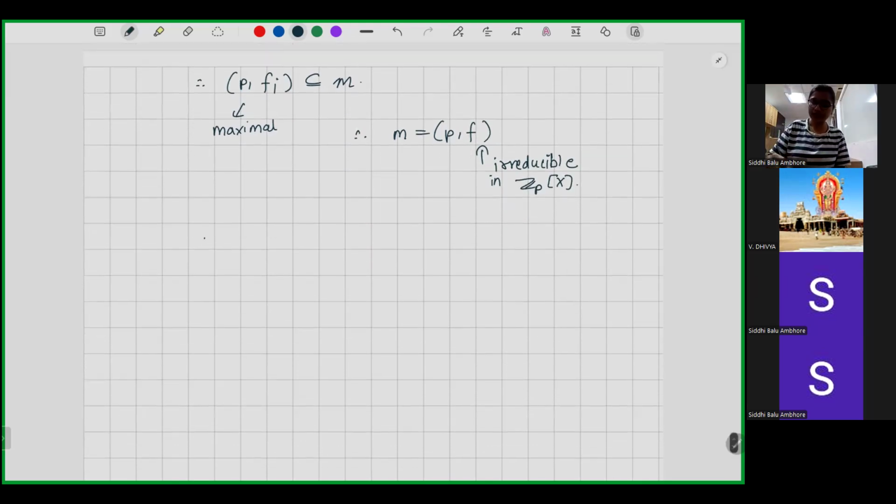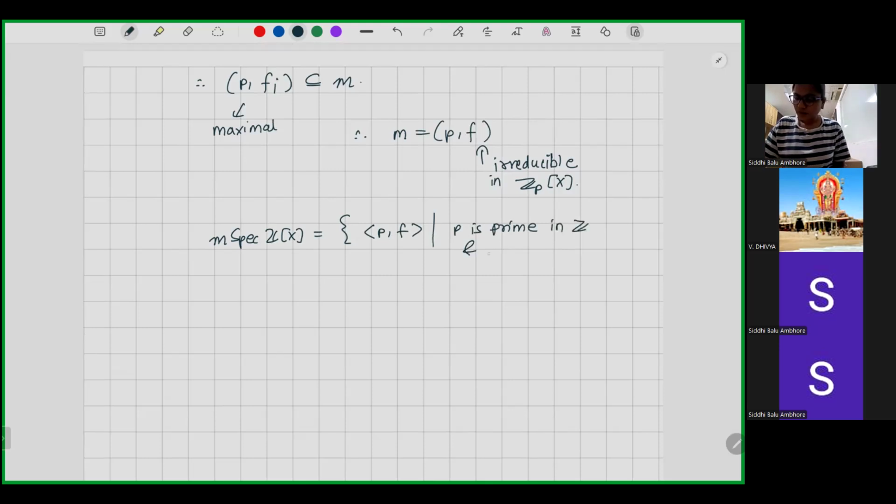So maximal ideals, this is the description of the maximal spectrum of Zx.